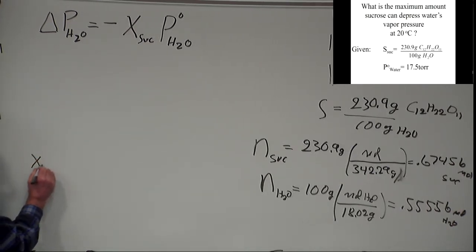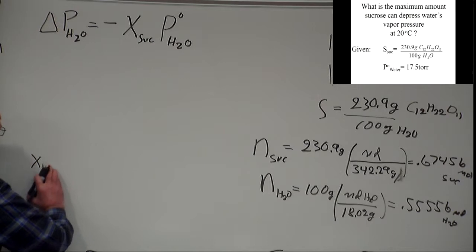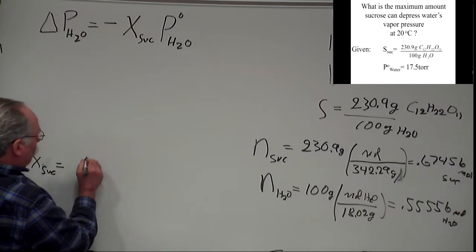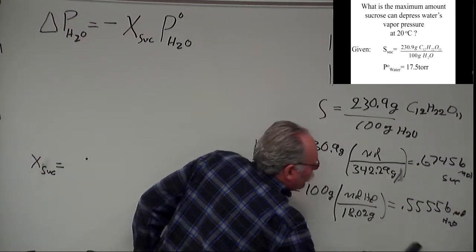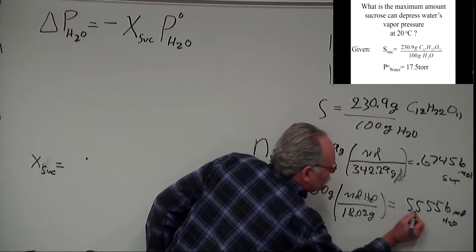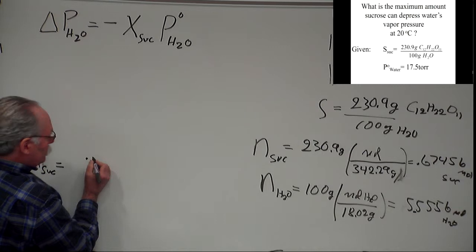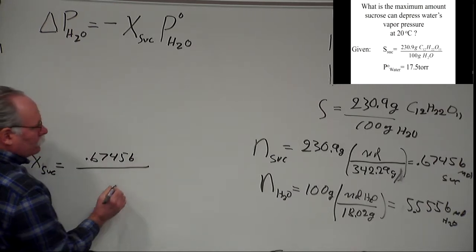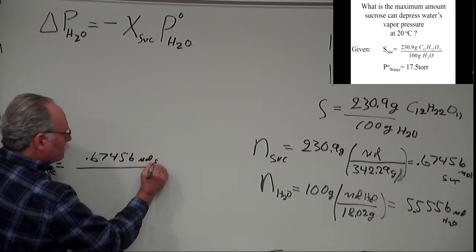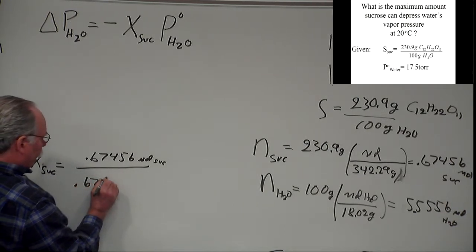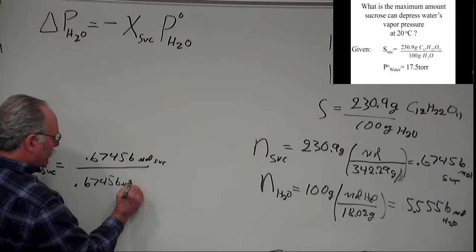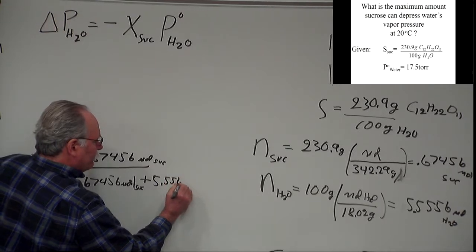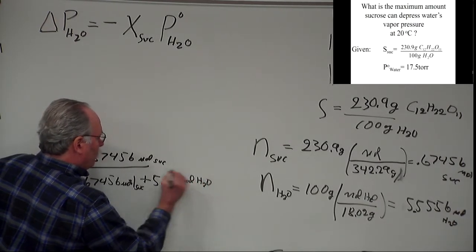The mole fraction X of the sucrose, the solute, is equal to the moles of sucrose, 0.67456 moles of sucrose, over 0.67456 moles of sucrose plus 5.556 moles of H2O.